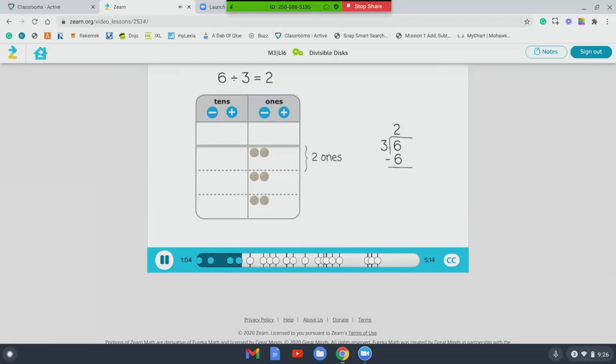Exactly. On our place value chart, we divided 6 ones and have no ones remaining. This is how we show that in writing. 6 minus 6 is 0.